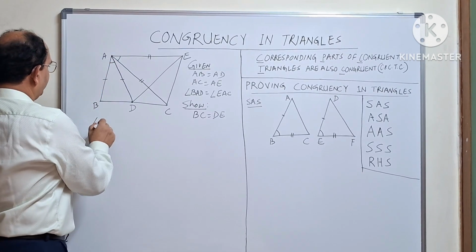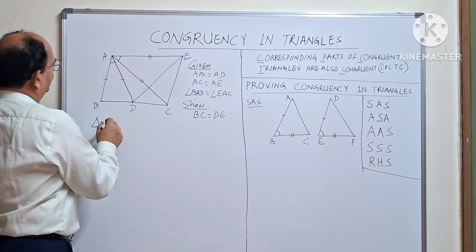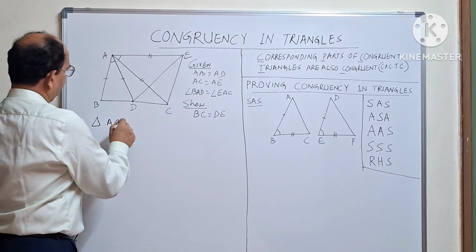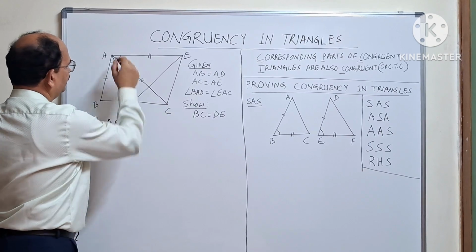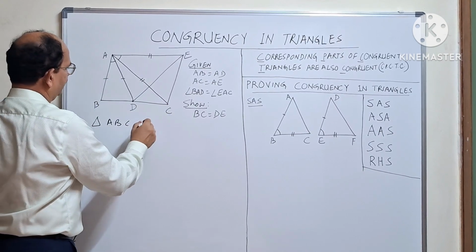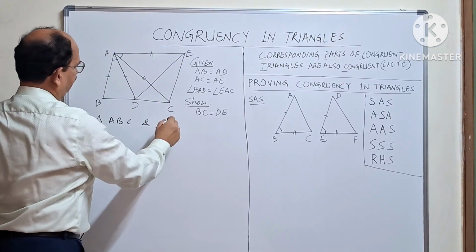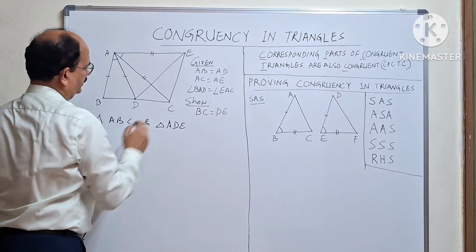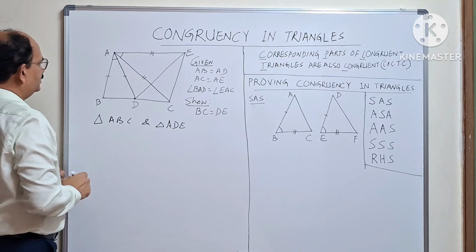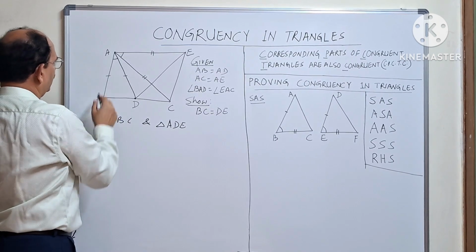Let's try triangles ABC and triangle ADE. If we choose these two, which sides are appearing?